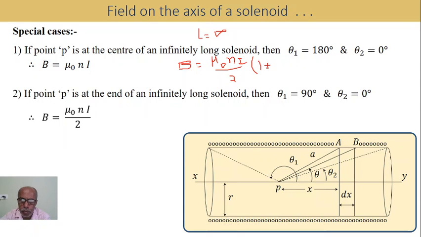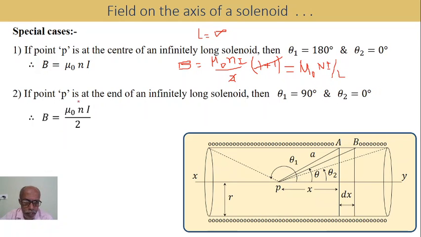Therefore minus of minus 1 is plus 1, and this 1 plus 1 gets cancelled with the denominator, and therefore this is mu naught N I by L, or simply mu naught n I, one and the same, because small n is capital N by L.